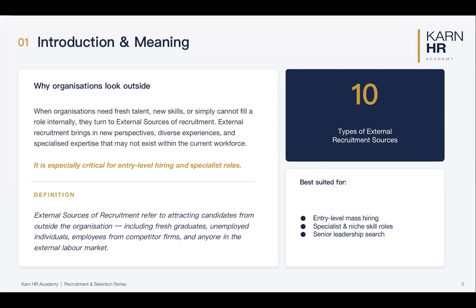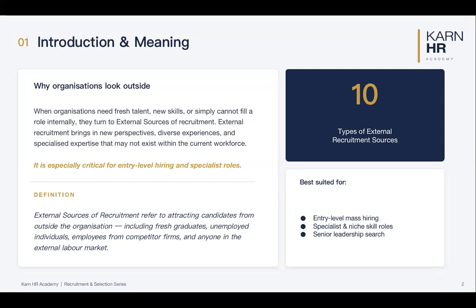When organizations need fresh talent, new skills, or simply cannot fill a role internally, they turn to external sources of recruitment. External recruitment brings in new perspectives, diverse experiences, and specialized expertise that may not exist within the current workforce.